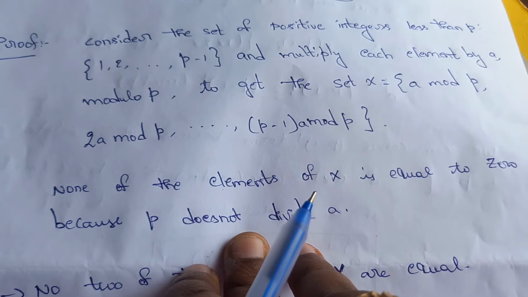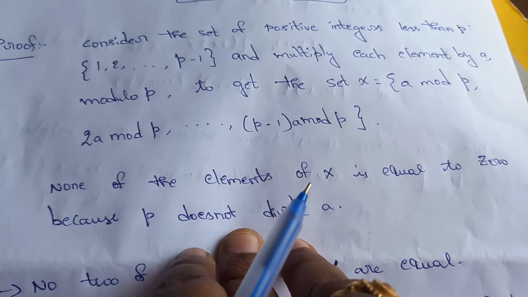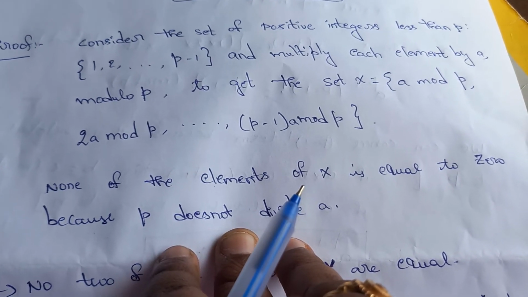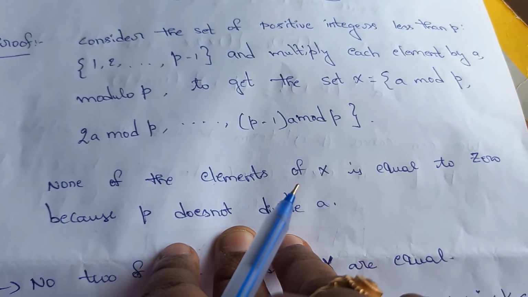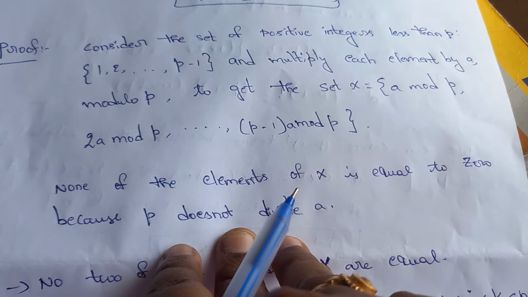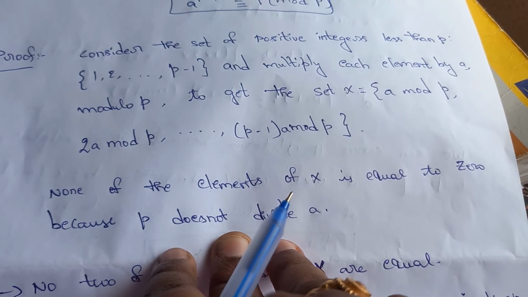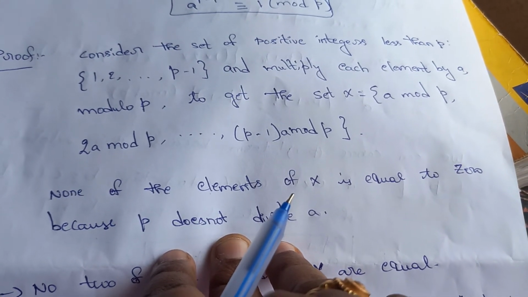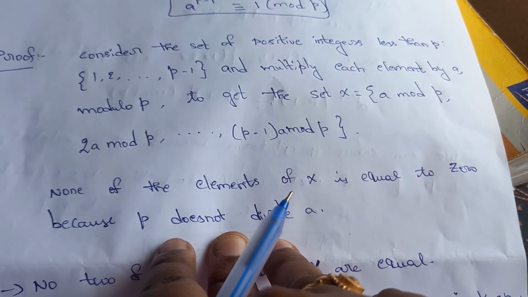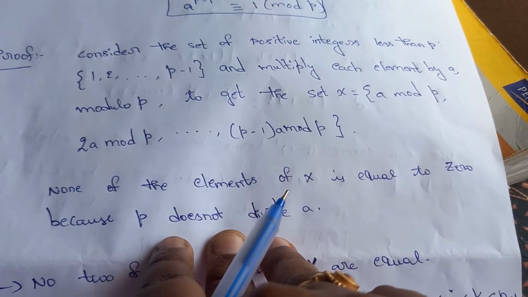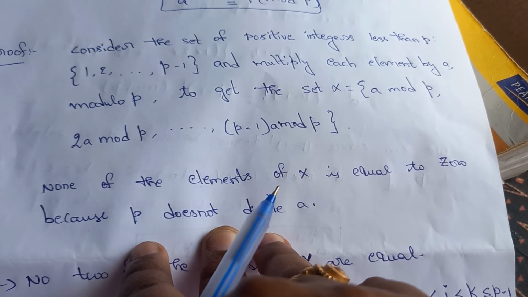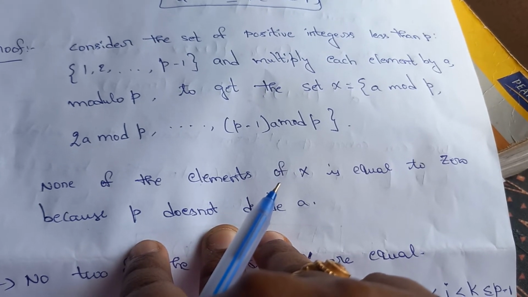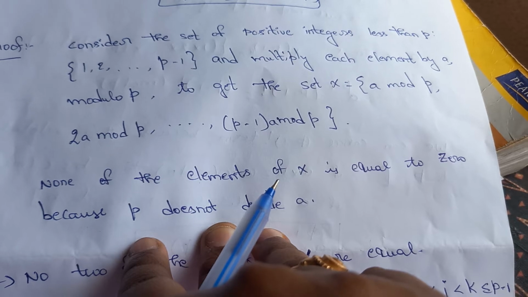That means we have the set of positive integers 1, 2, 3 and so on to p minus 1, and we multiply this set by a, giving a, 2a, 3a and so on up to p minus 1 times a, modulo p. First we multiply a with the set of positive integers, then we perform the modulo operation with p.